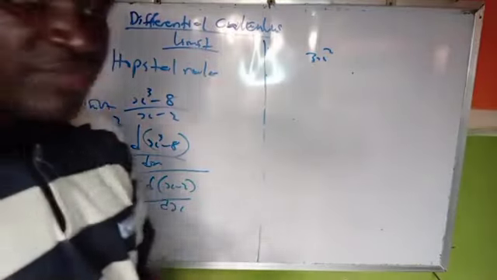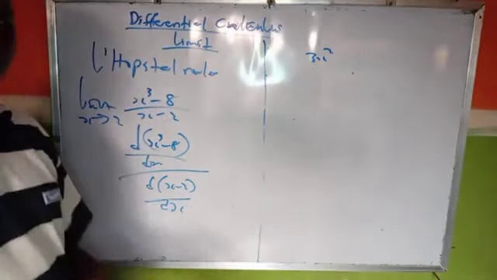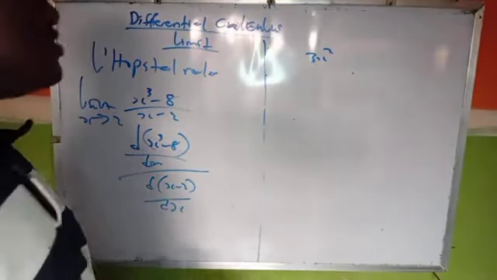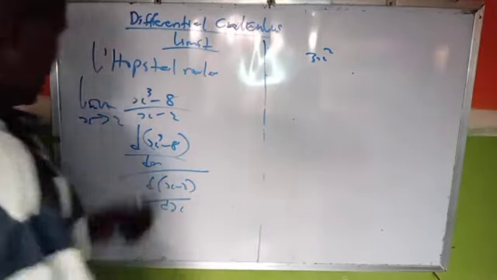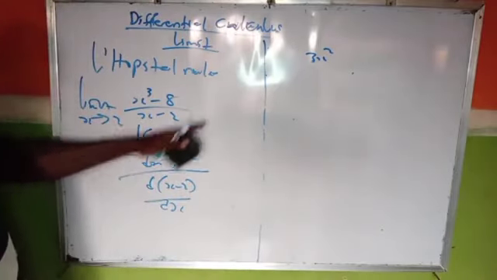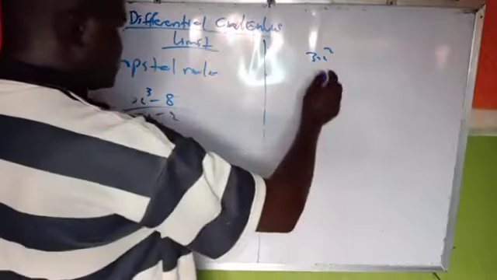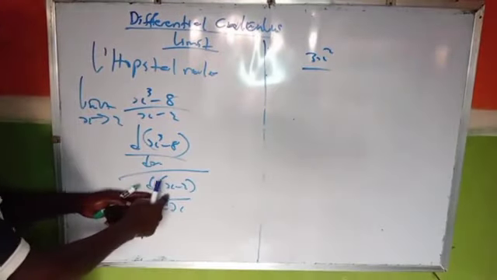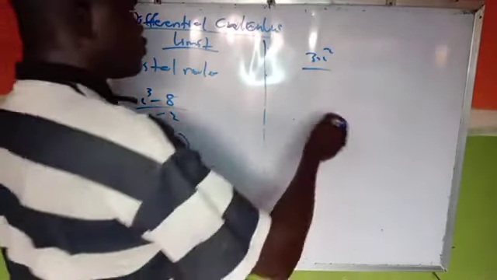If we call the 8 a constant, the derivative of a constant is 0. I will tell you later why it is 0. This is divided by the derivative of x, which is 1.